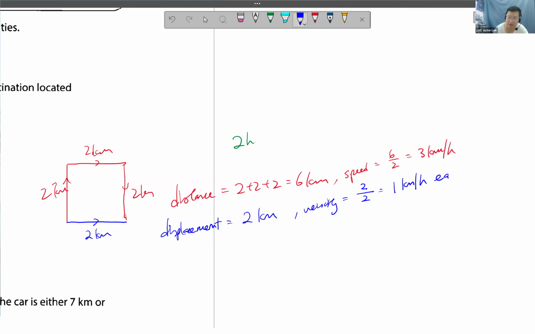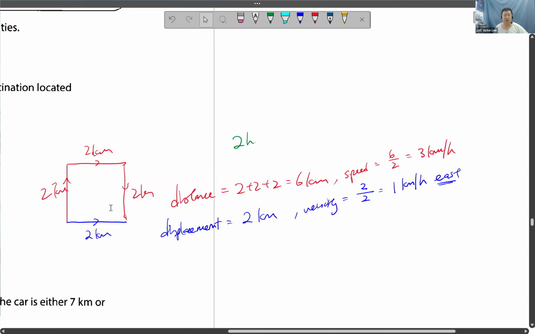And this is towards the east. There's a direction. So if I use distance traveled, regardless of direction, the total distance over the total time, I get speed. So my average speed is 3 km per hour. But if I talk about displacement, I'm moving towards the east at a velocity of 1 km per hour eastward.